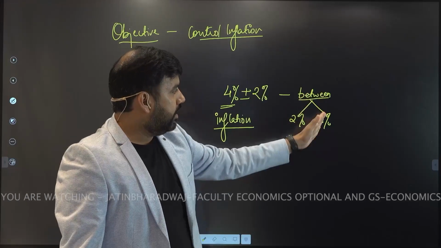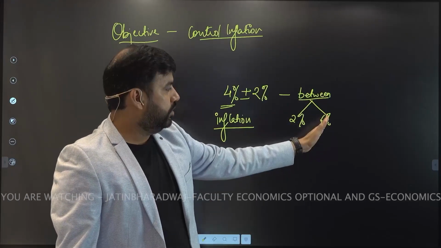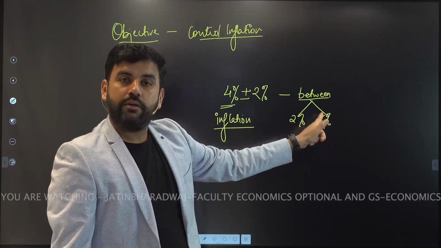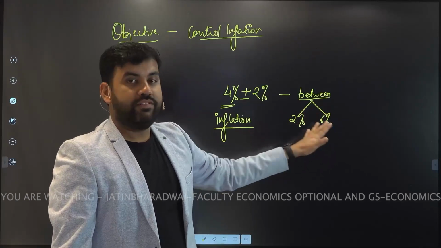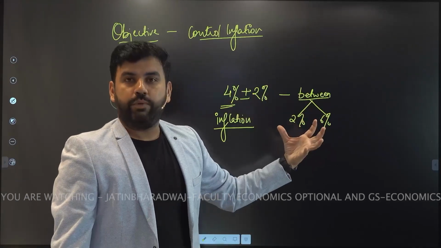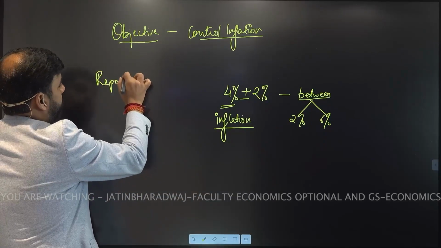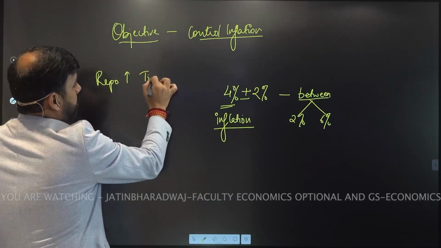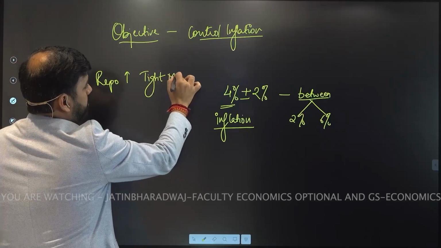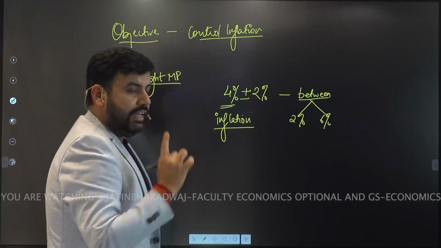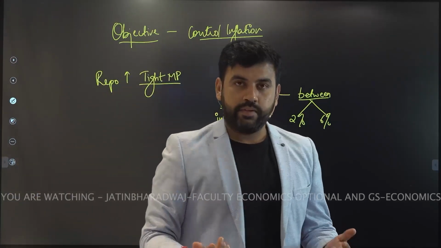If the CPI or the inflation crosses 6%, RBI is going to increase the policy rates. That is tight monetary policy. Whenever repo is increased, it means tight monetary policy, that is, they want the loans and the EMIs to be costlier, right?